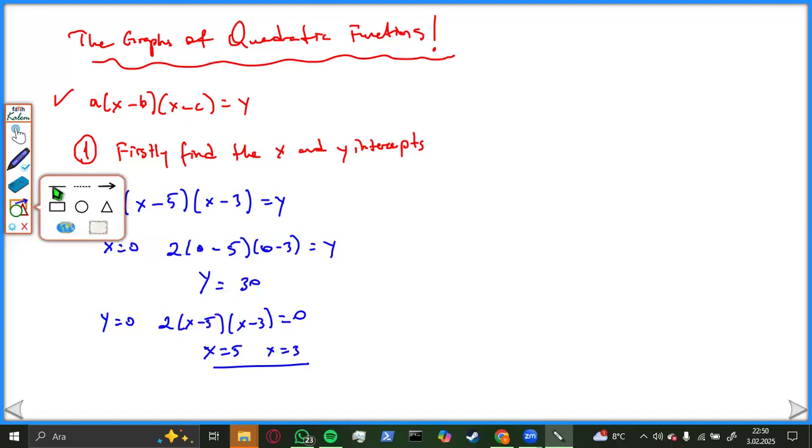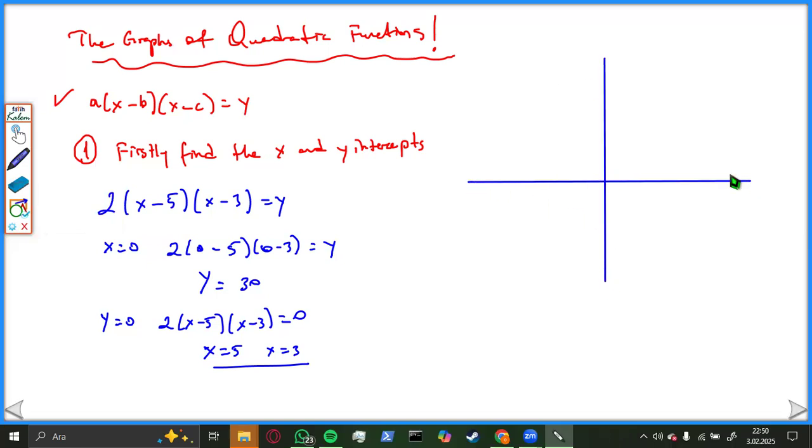I'd better show those intercepts first on the xy coordinate plane. Yes, this is 3, this is (3, 0), and this is (5, 0). And the y-intercept is here, 30.